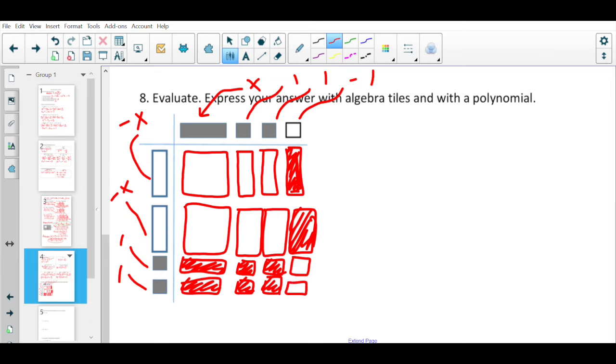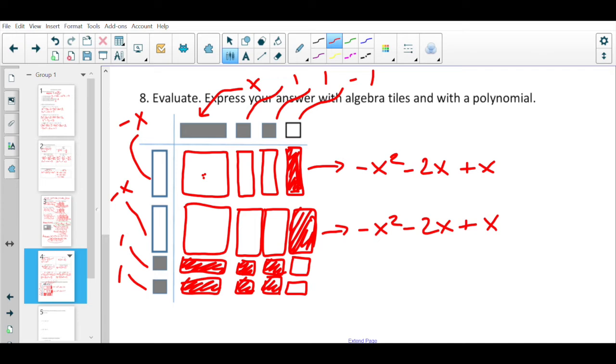So there we go. What we do now is count up all the tiles and see what polynomial that represents. In this first row, we have -x squared right here. These two unshaded bars are -2x, and then that shaded bar is plus x. Same thing here, -x squared minus 2x plus x is just the same as the first row.